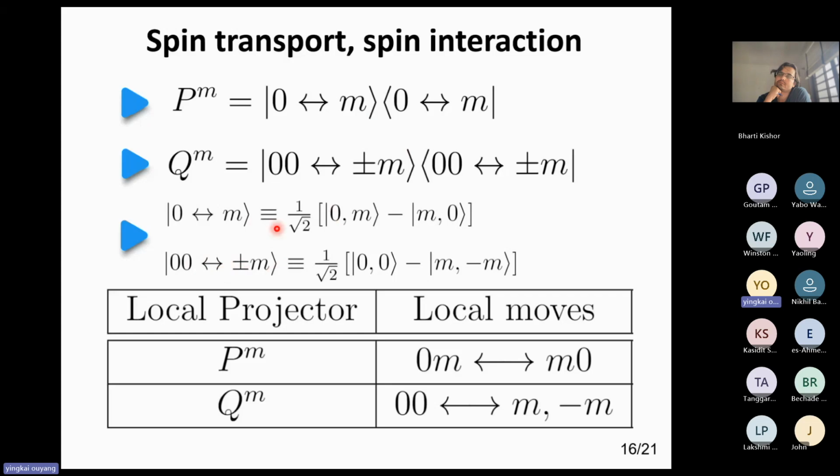Rigorously, this p is a projector of this form, where this funny thing over here is actually this singlet type of state.